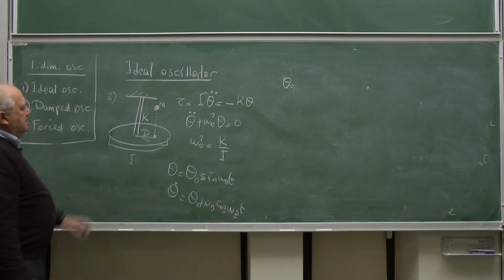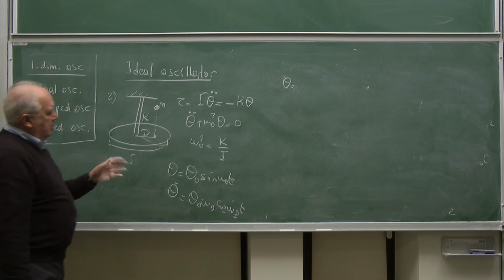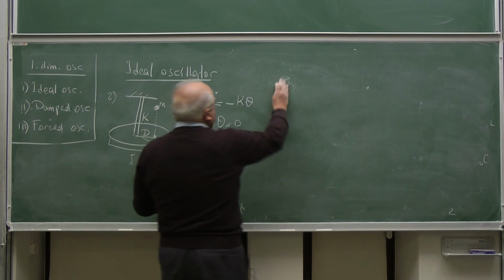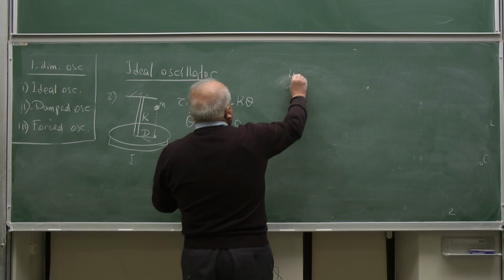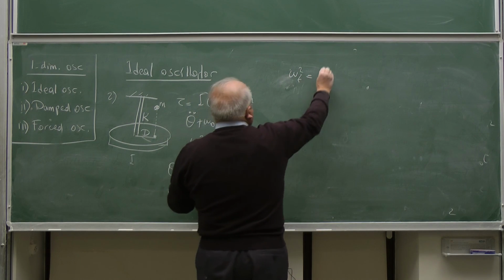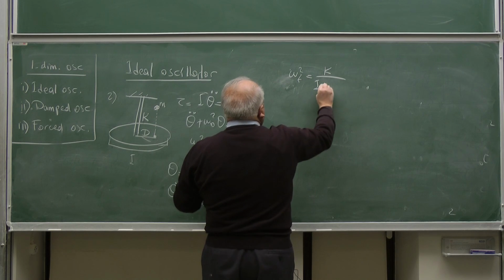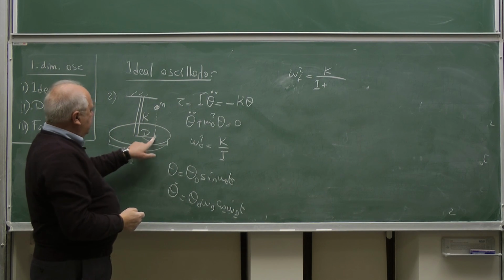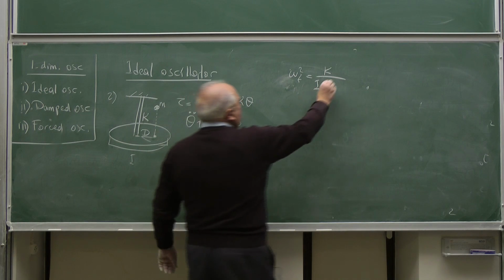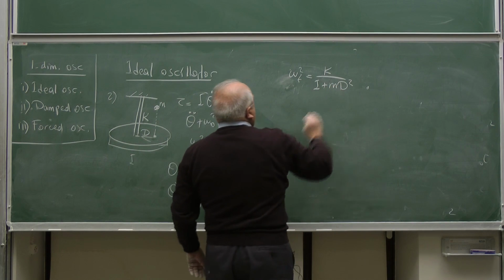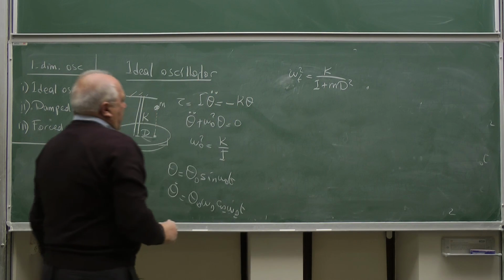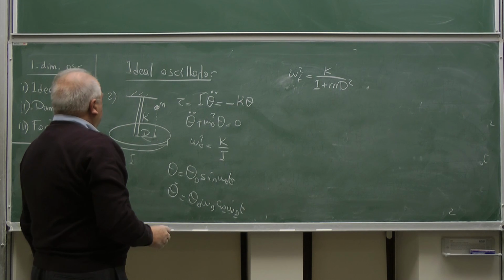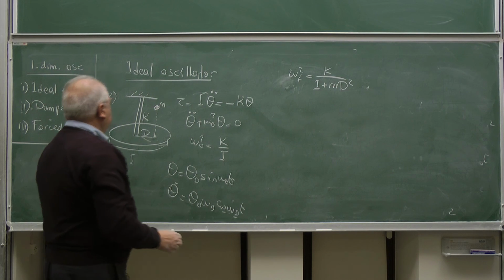So the question is, well, it will oscillate with a new frequency that we know. Omega final square is kappa over I final. The new moment of inertia is, now the body is here, I plus md square. So that we know. What else do we know? Something very important.